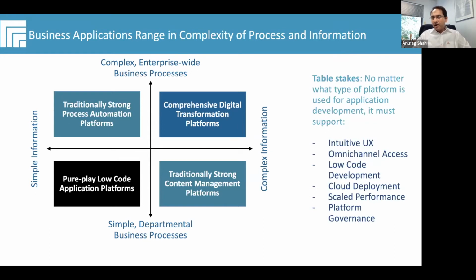And then when you move vertically up, if it is still a simple kind of information, but it is enterprise-wide implementation, spanning across multiple departments, multiple users, you see those traditional business process management and automation platforms coming in.